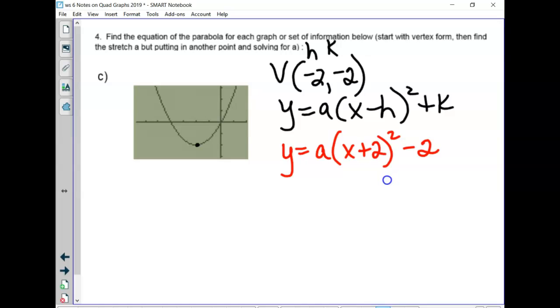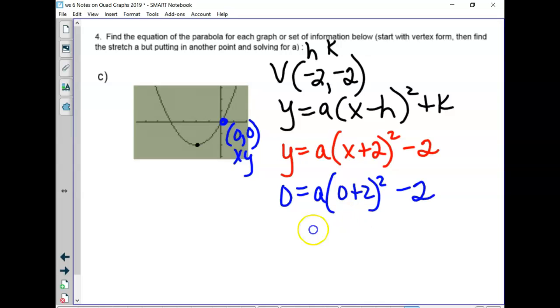Okay, now we need another point. Where's a really nice point we could plug in? Yeah, it goes through 0, 0. So 0, 0, I'm going to put in for which letters, guys? X and Y. So 0 equals A times 0 plus 2 squared minus 2. 0 equals A times 4 minus 2. Add 2 to both sides.